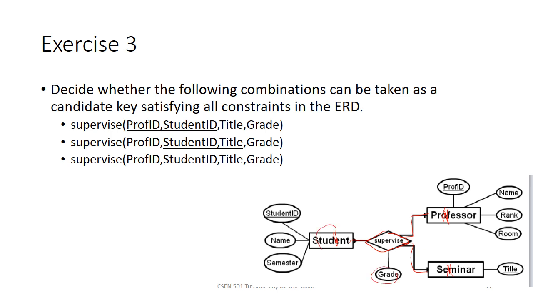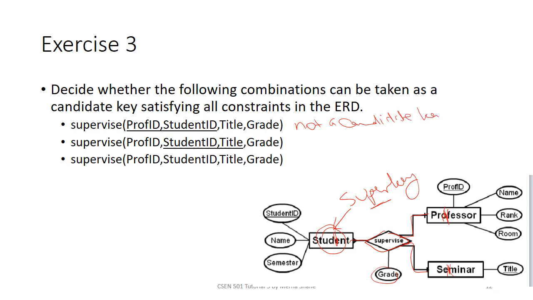So the student on its own is a super key, because this should not be repeated. Hence, professor ID and student ID together are not a candidate key. So this is not a candidate key in the first place.